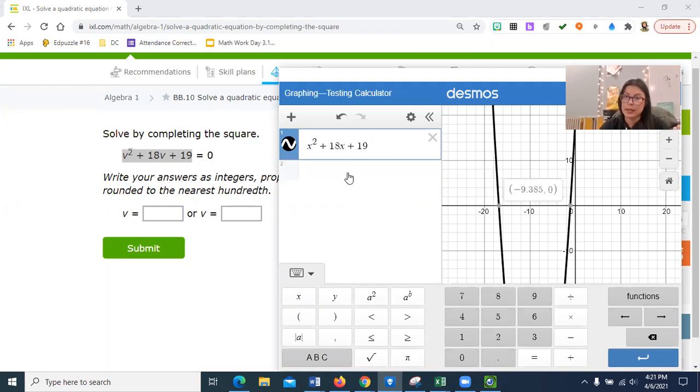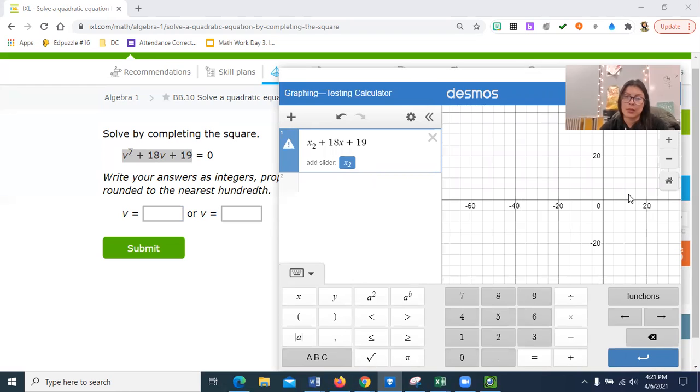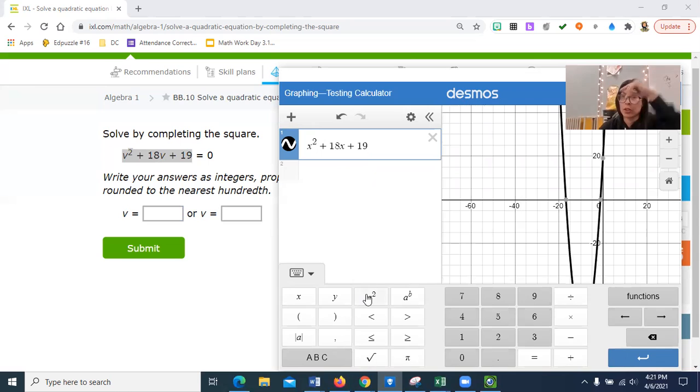I'm going to change them to X's. If it looks like this, a line, you know you did something wrong because it needs to look like a parabola, either a U or an N. So they cross right here.